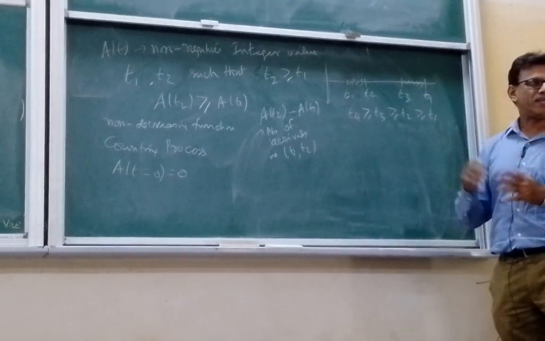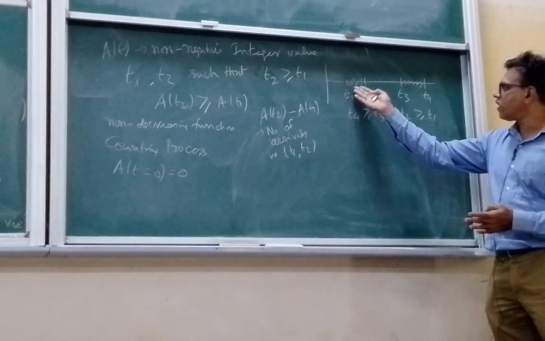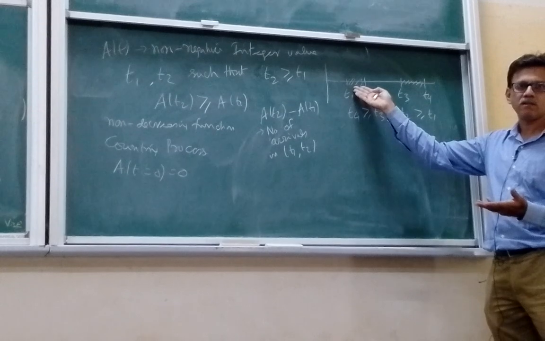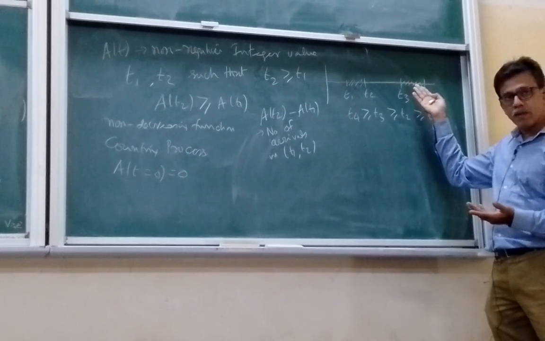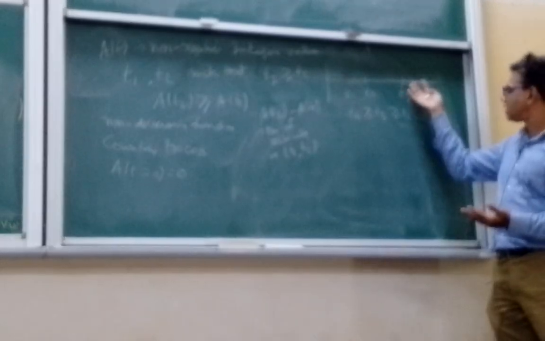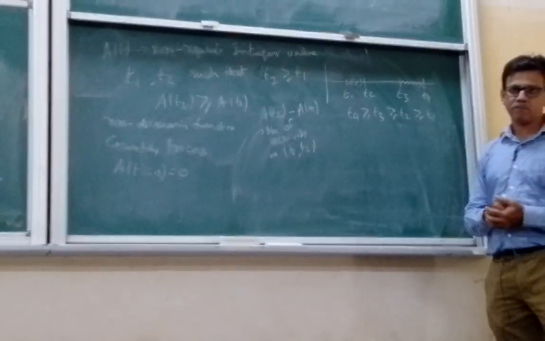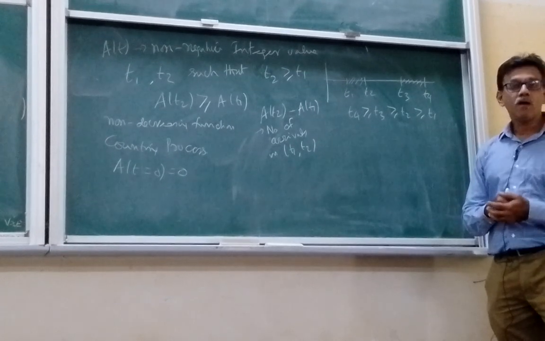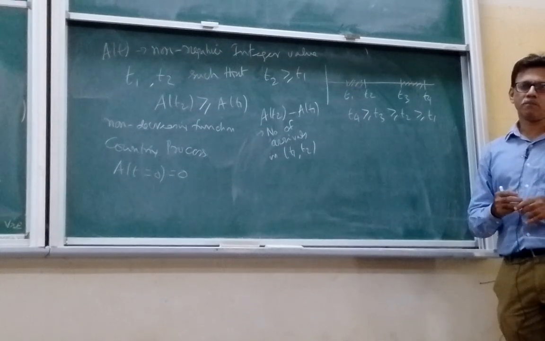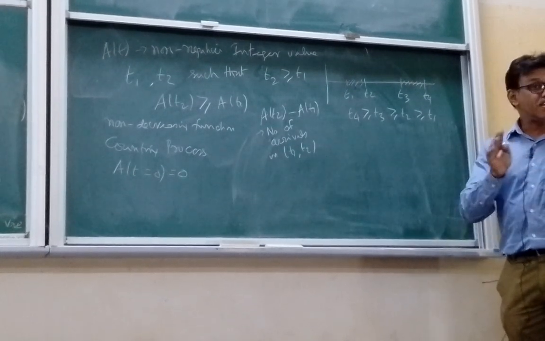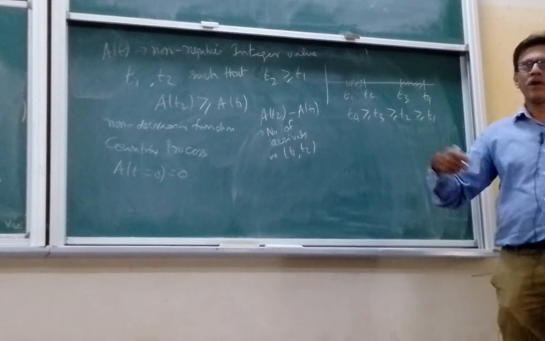I would like to know whether they are dependent or independent. In particular, if you are told the number of arrivals here, the probability of a certain number of customers arriving in this interval, will it be dependent or independent? What do you think? There is no prior, you cannot tell it based on your probability knowledge.